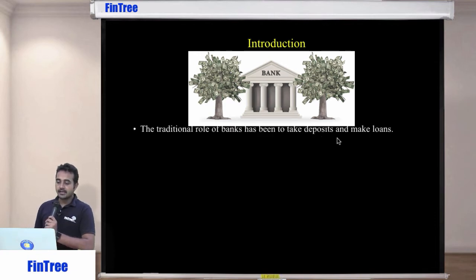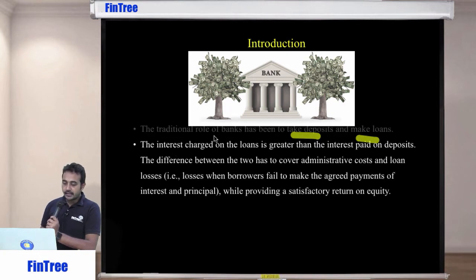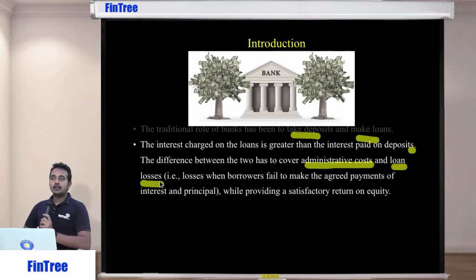The traditional role of a bank has been to take deposits and make loans. The interest rate charged on the loan is greater than the interest paid on deposits. The difference between the two has to cover administrative cost as well as loan losses. So you're taking deposits at 7, you're giving loans at 8.5, but you will have to incur some sort of administrative cost, isn't it, running the entire institution.